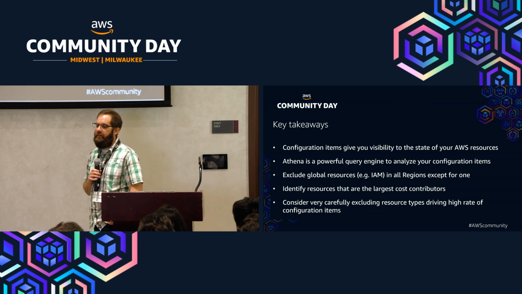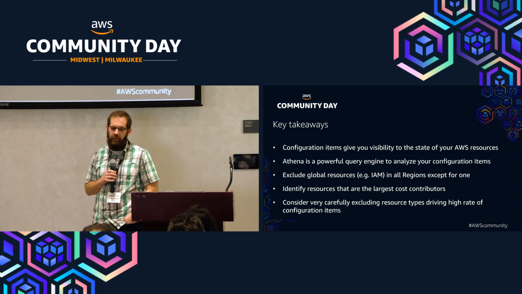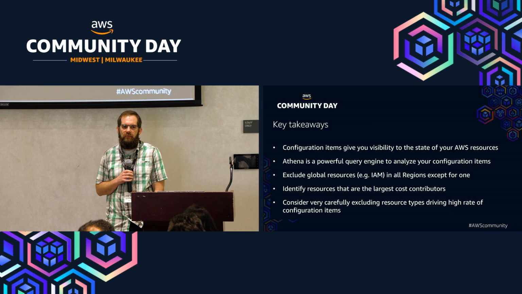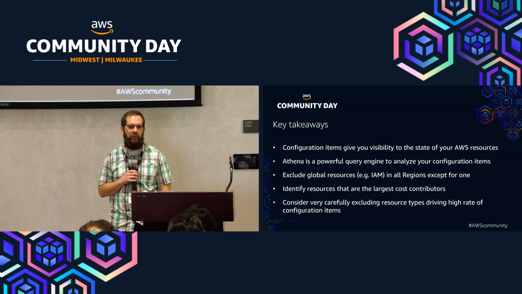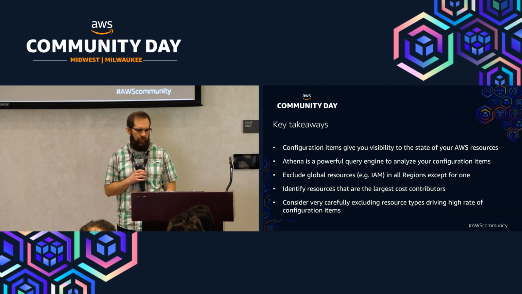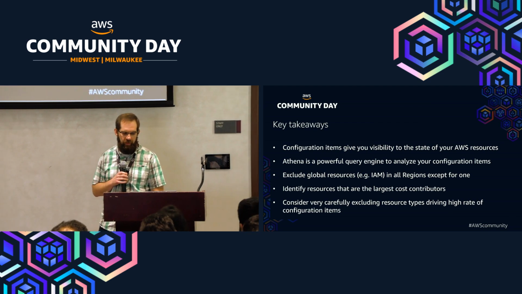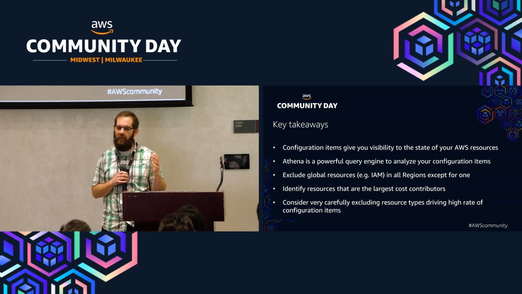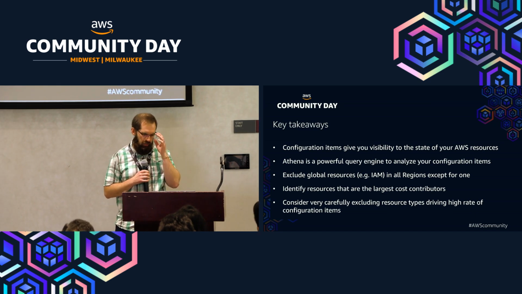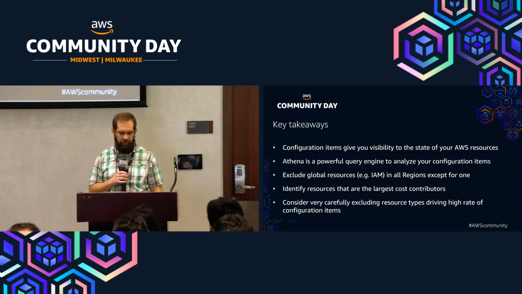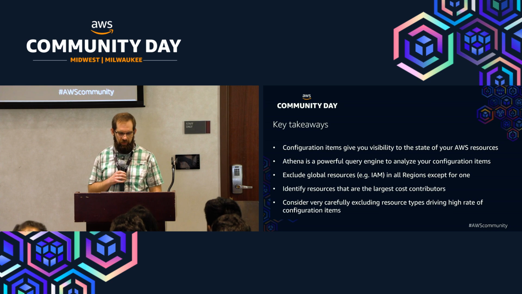You can run queries in Config itself, but it doesn't have full SQL language support. So if you want to use SQL and all of the functions you're familiar with, you can use something like Athena. Also, like I said, you've got all those powerful functions. You can unnest the JSON, and do all the fancy things you would do with JSON, in addition to straight SQL as well.